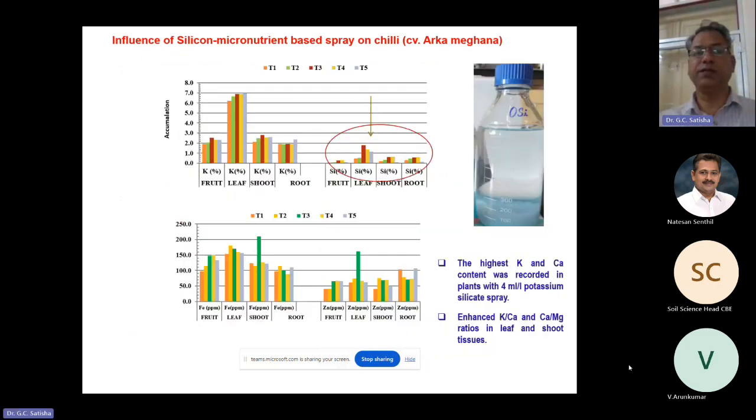As for accumulation, compared to other parts of the plant, it is in the leaves that we got relatively higher accumulation of silica, almost 2% to 2.2% in the leaf. It also plays a significant role in enhancing potassium, calcium, and the calcium-magnesium ratio. This is most important.